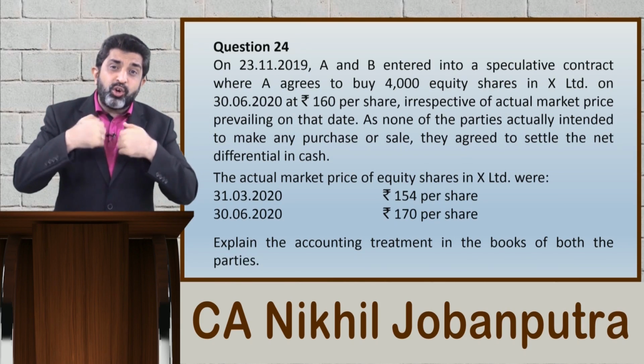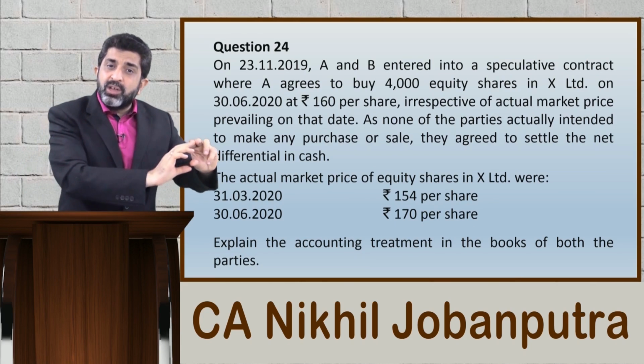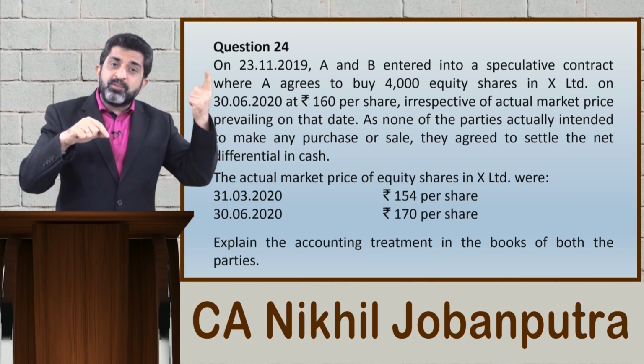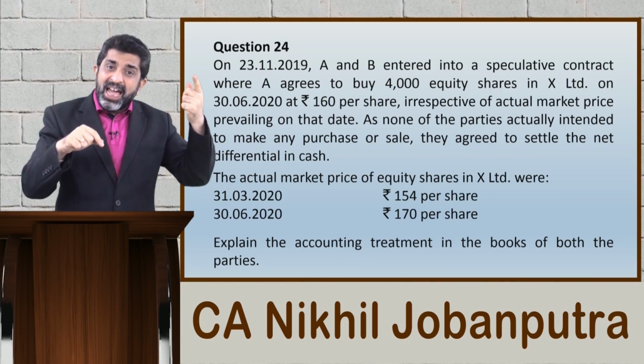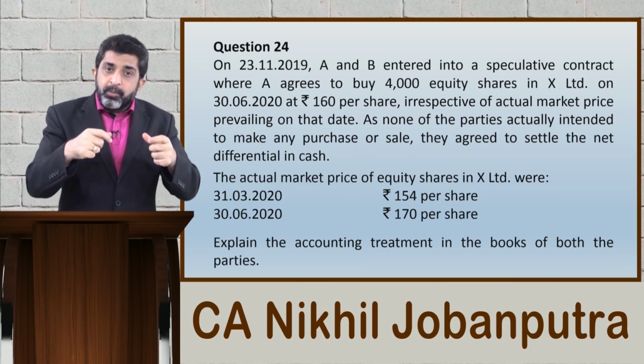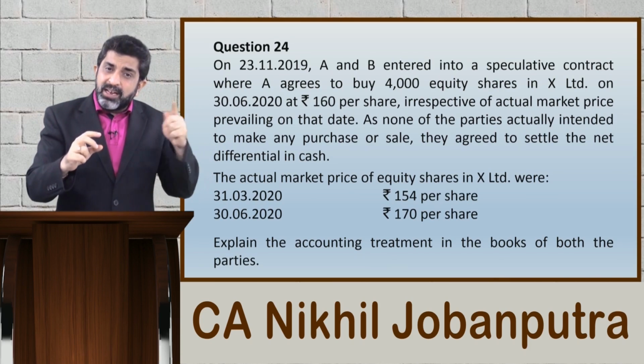So, how would I record this? First of all, 64,000 has to be taken to the credit of my P&L. Now, what will happen? On 31st March, the derivative liability that I have recognized, I will have to square off that liability, and with the balancing difference, I have to create a derivative asset.